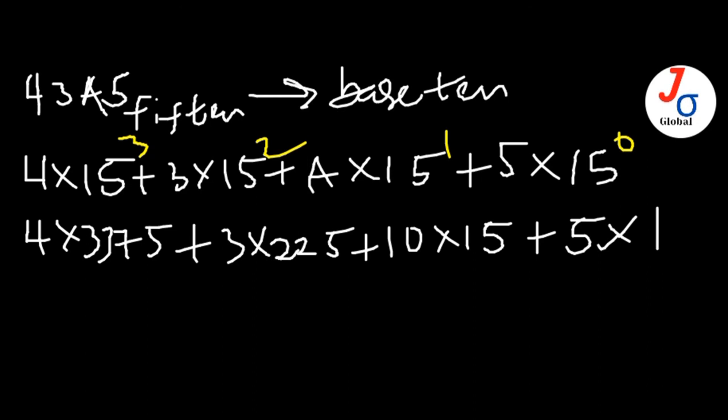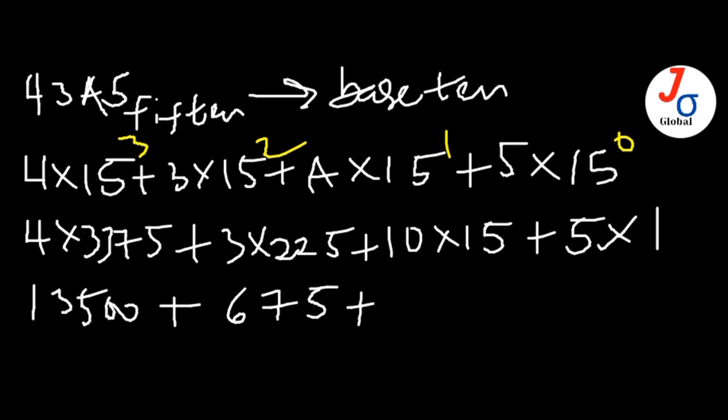And so I have 4 multiplied by 3,375, and that gives me 13,500, plus 3 multiplied by 225, I have 675, plus 10 by 15, I have 150, plus 5.